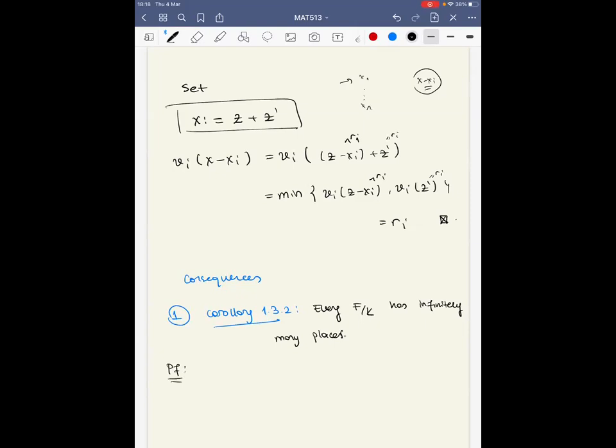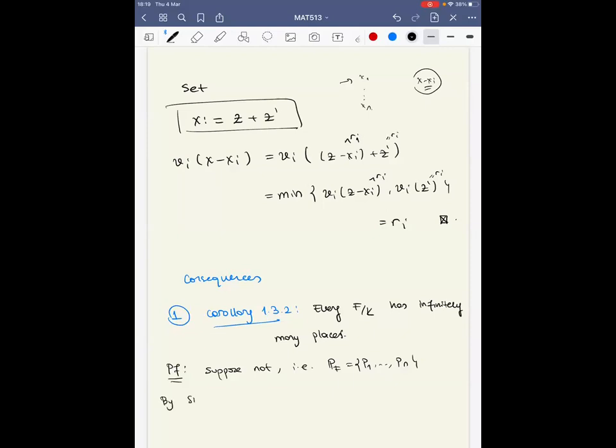And we prove it like in elementary number theory when we want to show that there are infinitely many primes. That means, let me suppose not. And suppose that we have only finitely many places in the set of places PF.